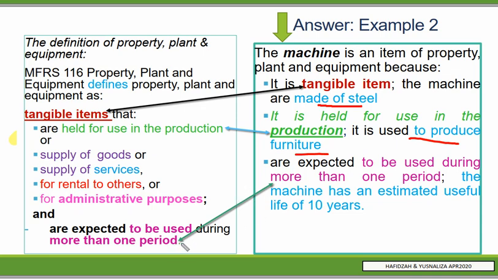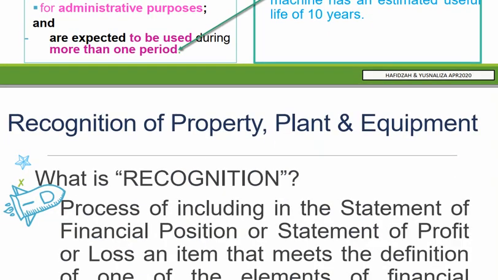Can it be expected to be used for more than one reporting period? Yes, it is, because the machine has an estimated useful life of 10 years. So you can clearly see that this machine has actually met the definition of property, plant, and equipment.